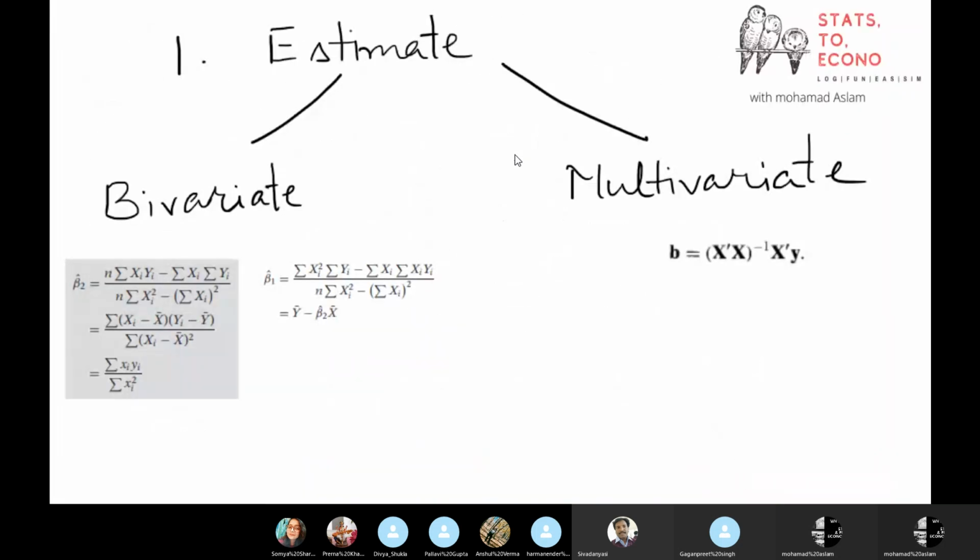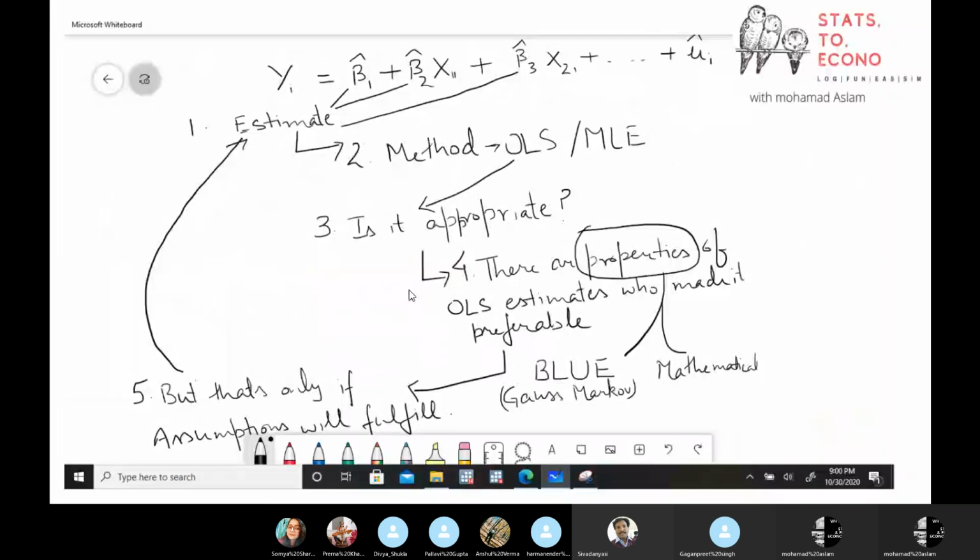The derivation we did with the OLS method, and there is a specific purpose behind that. These OLS estimates have specific properties, and that's very useful, so that we can rely on these estimates. We will do maybe one or two of these properties today, and maybe tomorrow or the day after.